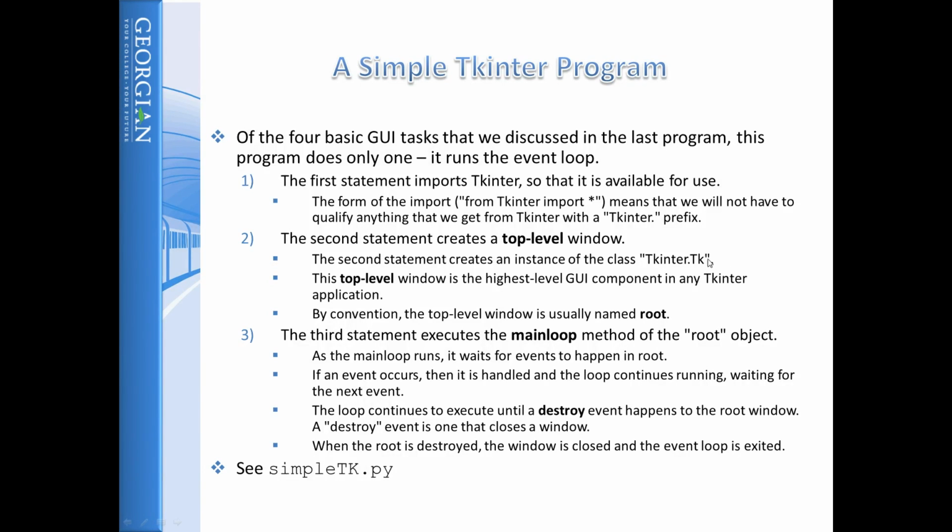Once we say Tk, that's this Tk method or class that is part of the Tkinter library. So that's creating our top level window, right? And we're going to say window equal to Tk, or in this particular case, they like to call it root, right? Window, root, screen, it's all the same, right? The third statement starts off the main loop, right? So we actually use the root and we create the window.